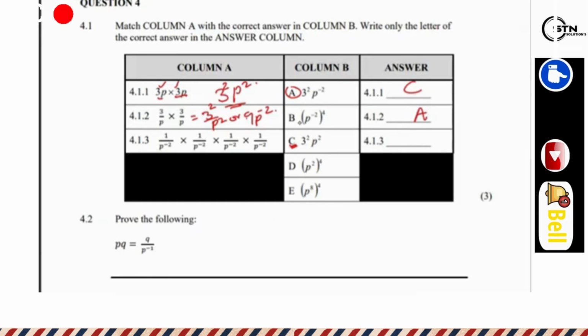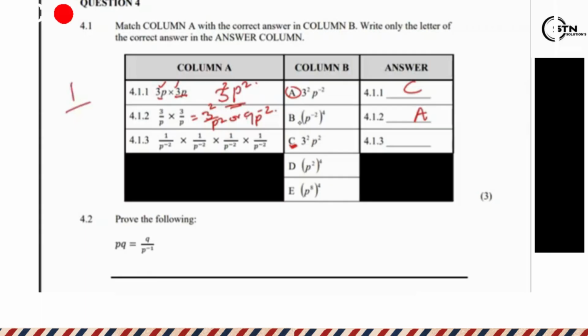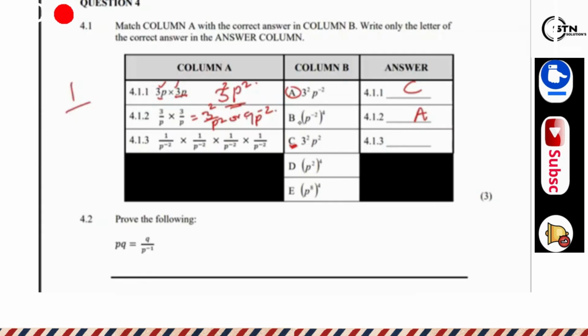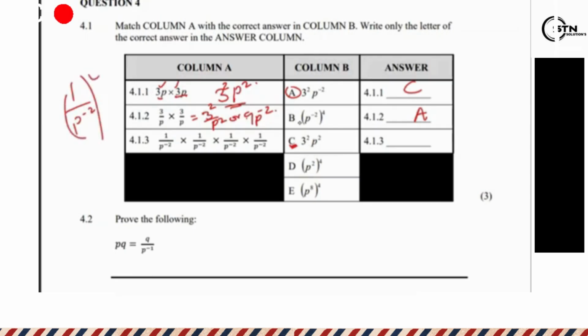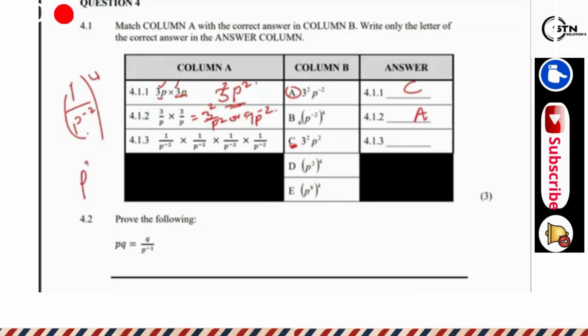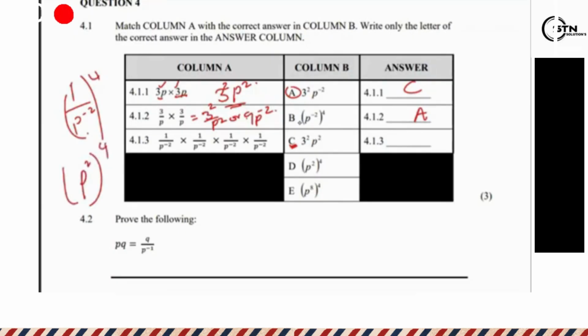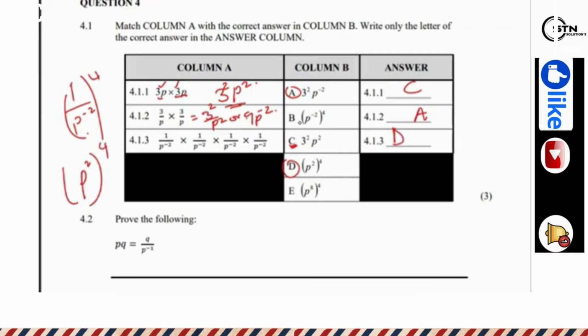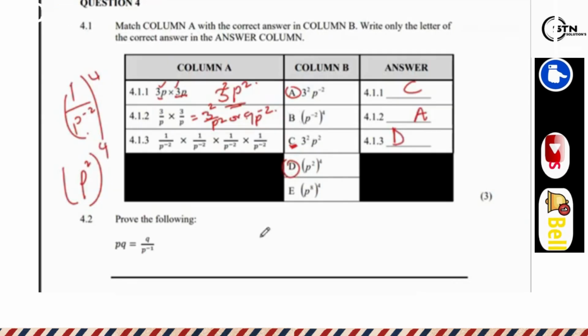Okay, so that's going to be the same as 1 over. How many are they? 1, 2, 3, and 4. So p negative 2 to the exponent of 4. But this goes up since it's negative, so it's going to be p squared to the exponent of 4, which is option D. Okay, so that is how we would have gone about with 4.1.